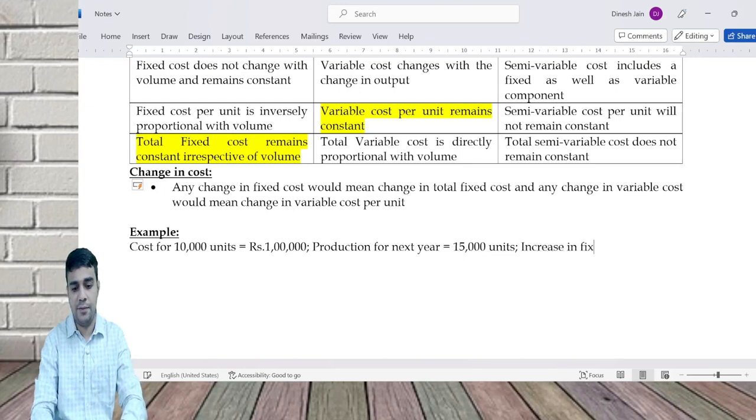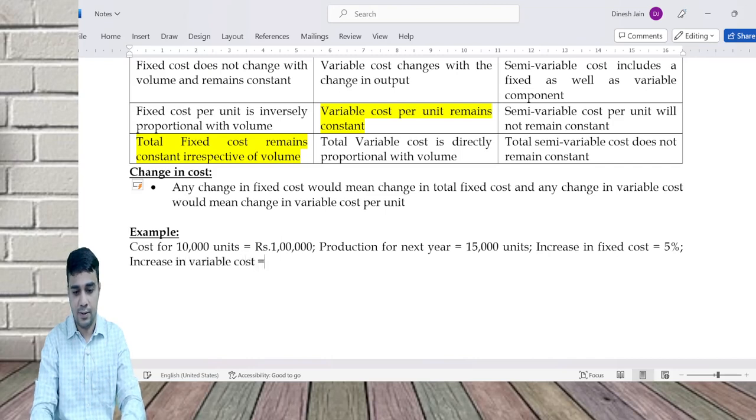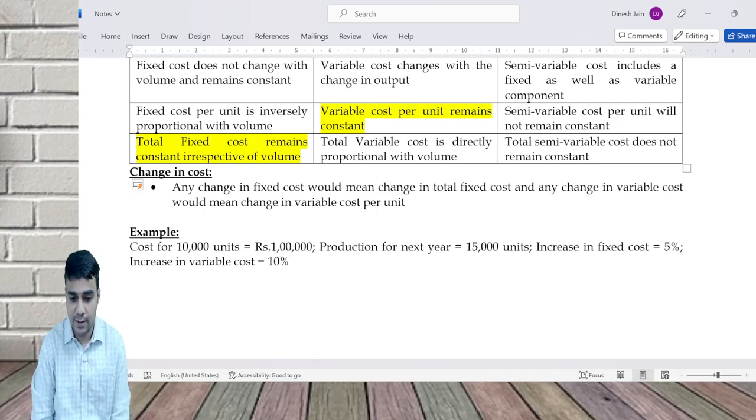Increase in fixed cost 5%, increase in variable cost 10%.